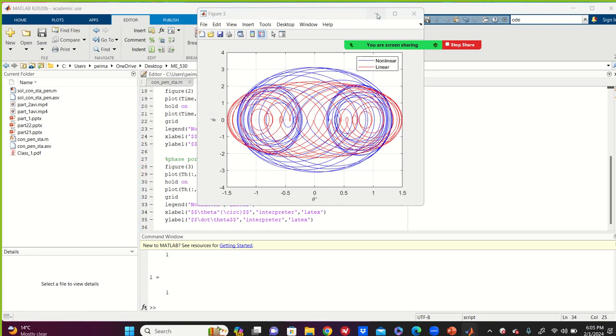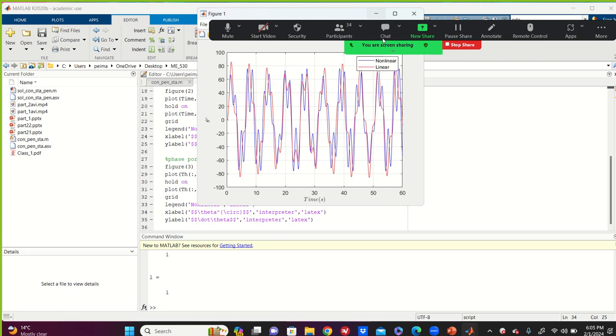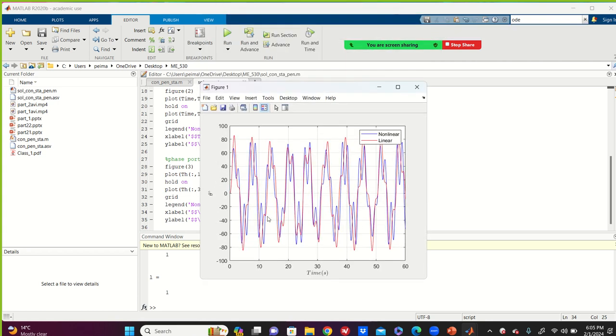Oh, guys, look at here. You see a big difference between the linear and nonlinear now. Yes? Yes, guys? Why? Because the range of the pendulum is beyond 6 degrees, between 0 and 80 degrees. So linearization is not valid anymore here.